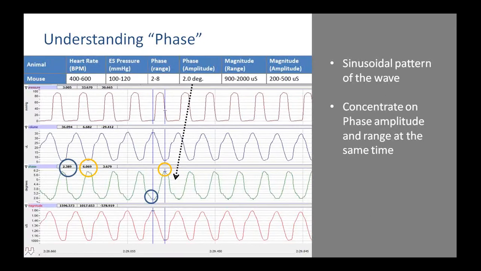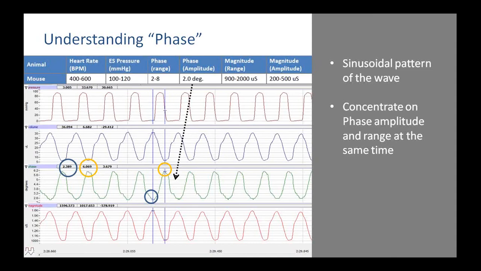In the PV advanced section, we will talk about understanding phase. There are 4 channels: pressure, volume, phase, and magnitude. When we're deciding what is a good signal to be used in a mouse model, we need to ensure the sinusoidal pattern of the waves is present, as on this slide, specifically made to show one signal appreciation, that is the signal called number 3 phase.